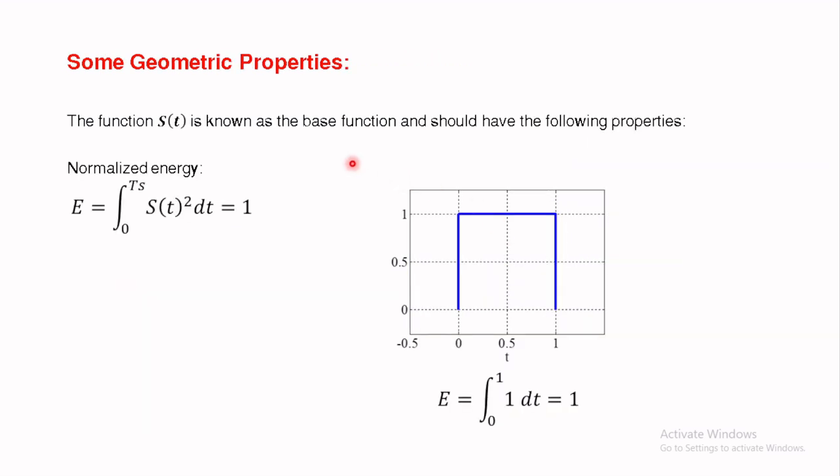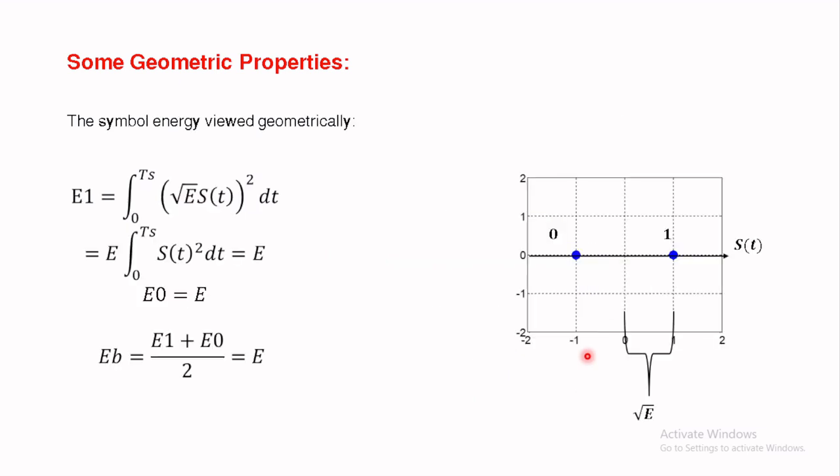One of the most important properties of this S of t is that it should have a unit energy, or the energy, which is defined by this equation, should be 1. And if we see the pulse that we had earlier, it satisfies this condition and it has a unit energy.